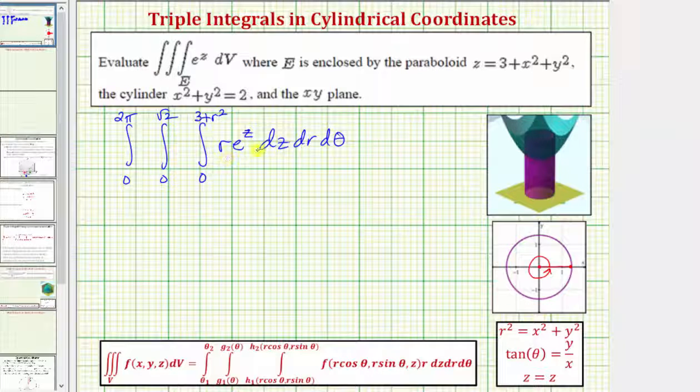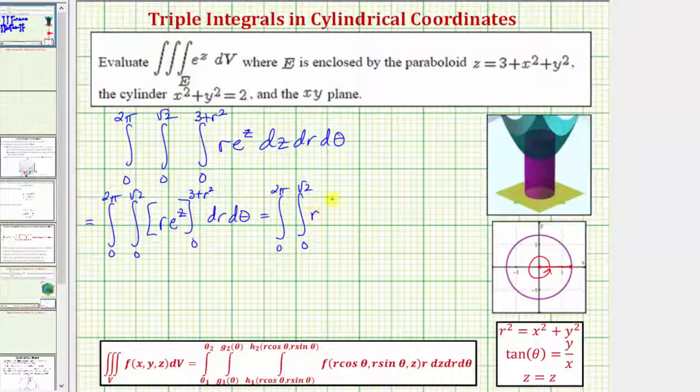And now we first integrate with respect to z, treating r as a constant, and therefore the antiderivative is just going to be r times e to the z. And now we need to find big F of b minus big F of a by performing substitution for z.